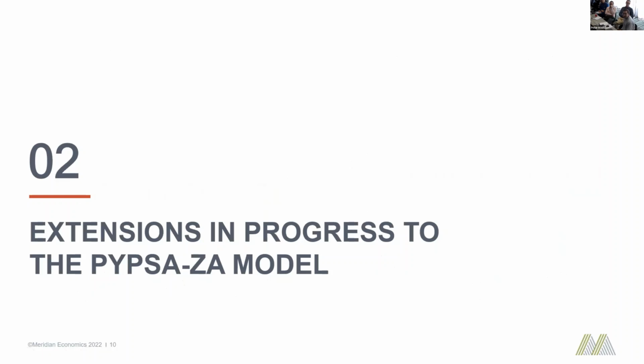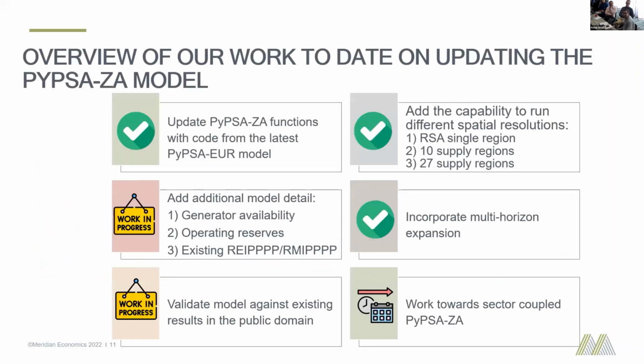So in terms of the actual work that we've been doing to the model, our main goal is to have a tool that is comparable to the commercial codes that are used for the National Integrated Resource Plan.